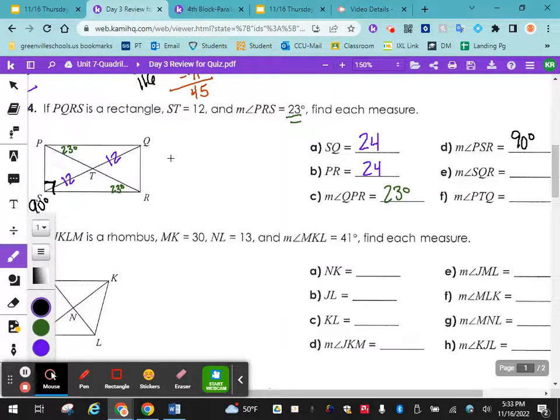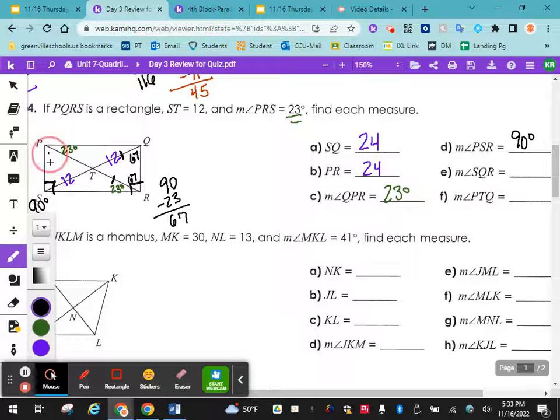Okay, this is where your isosceles triangles come into play. So since this is a 90-degree angle, if you subtract 23, you get 67. Okay, so 67 is this angle, and since this is an isosceles triangle, 67 is also this angle.